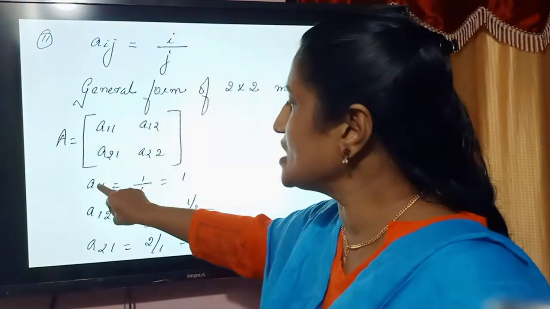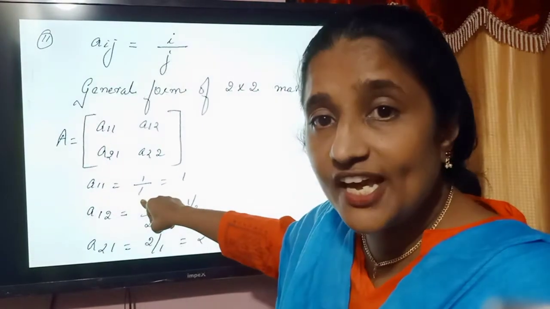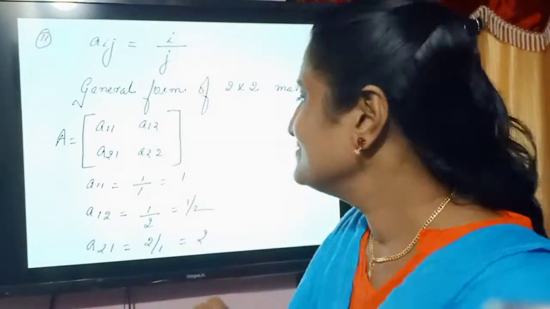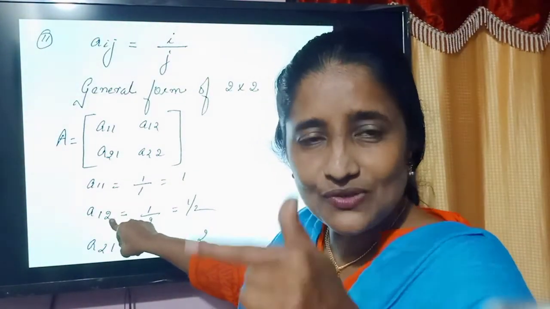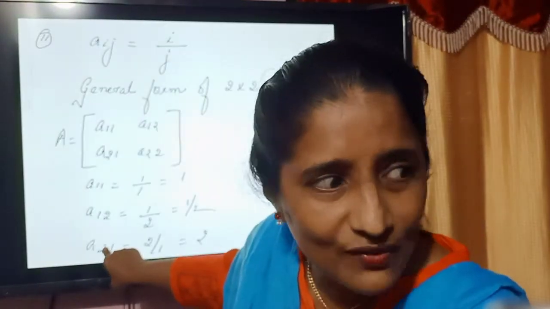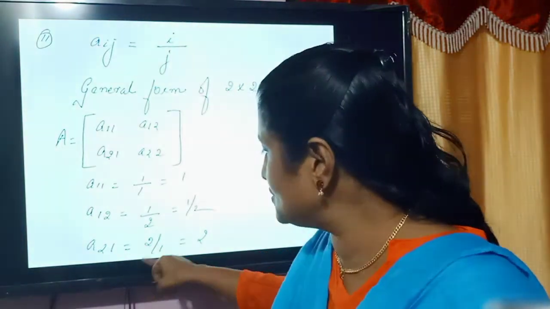A11 means what? i is 1, j is 1. That is i by j. What is i by j? 1 by 1. What is 1 by 1? 1. Similarly, what is A12? i is 1, j is 2. So 1 by 2. It's 1 by 2 itself. Similarly, A21. What is A21? i is 2, j is 1. So what is that? 2 by 1.